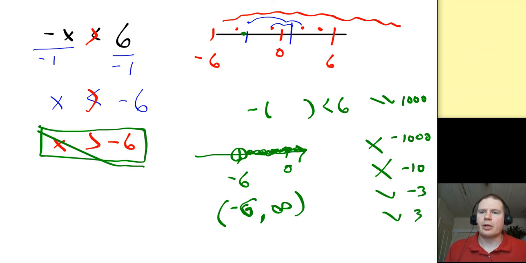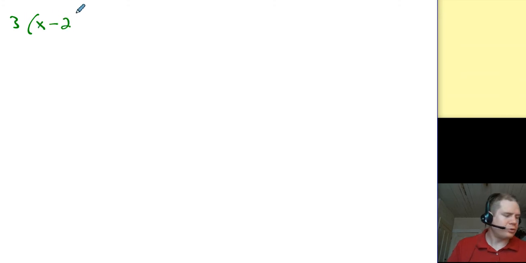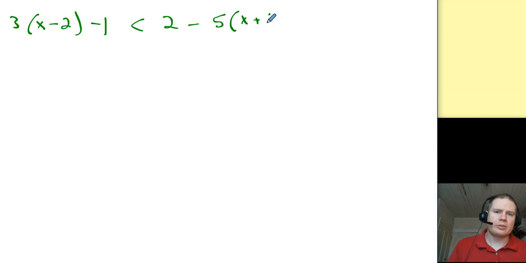So let's look at a more interesting, more complicated problem. Let's try 3 times x minus 2, minus 1, is less than 2 minus 5x plus 6.